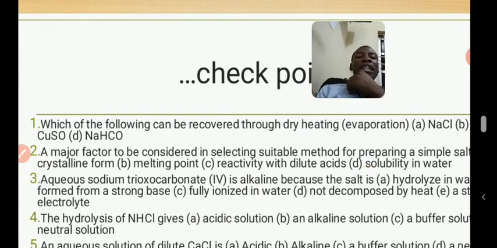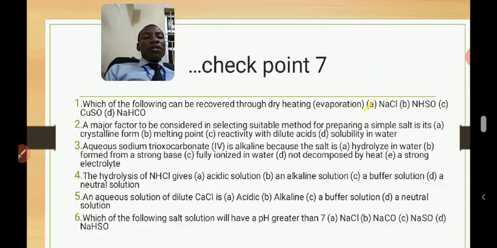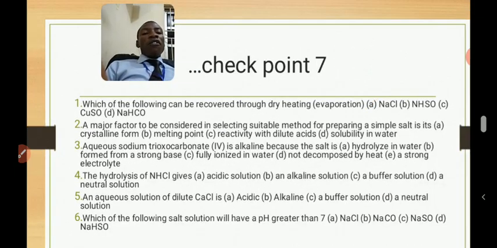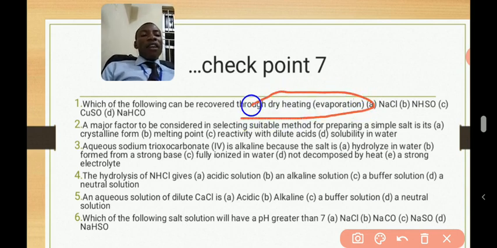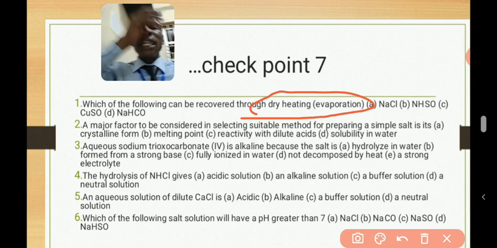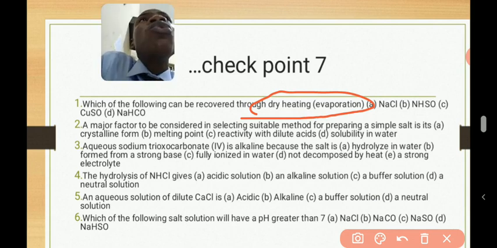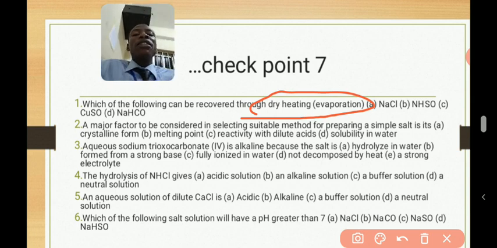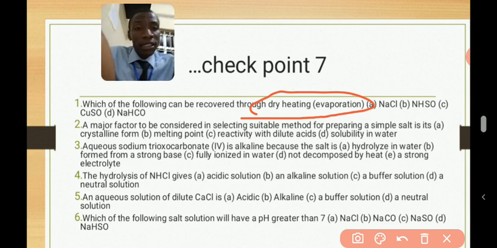Lesson number 1, in our checkpoint 7: which of the following can be recovered through dry heating? That's evaporation to dryness. I taught you in our last class that salts that do not decompose when you heat them can be recovered through dry heating.